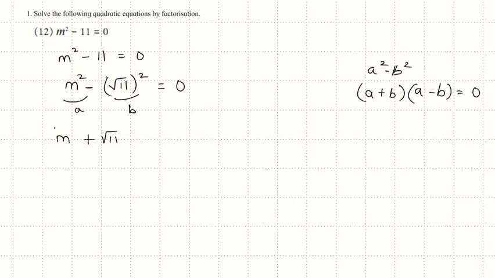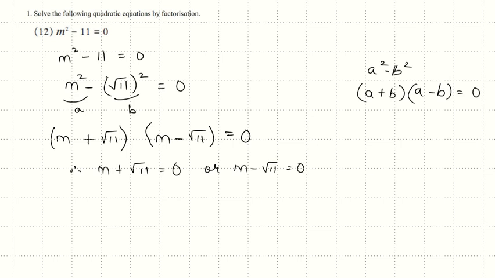m plus root 11 into a is again m, minus b is root 11 is equal to 0. Therefore, we can write m plus root 11 is equal to 0, or m minus root of 11 is equal to 0.